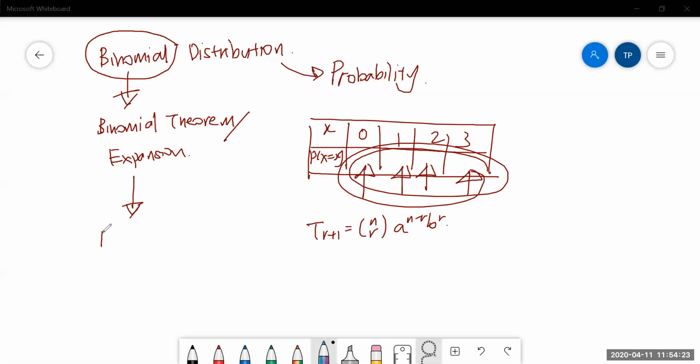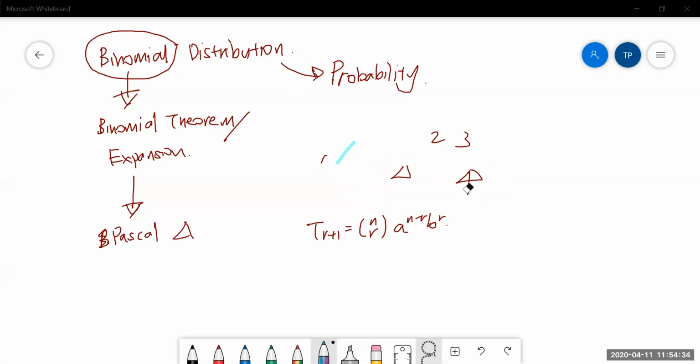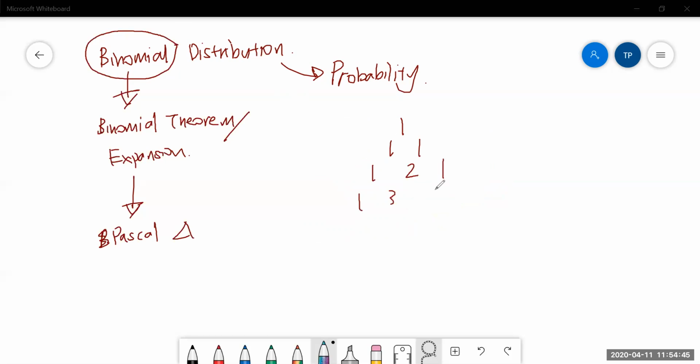It came from this thing called Pascal triangle. So what is Pascal triangle? I'm not sure if you still remember what your teacher taught you back then. Pascal triangle looks something like that: 1, 2, 1, 1, 3, 3, 1, 1, 4, 6, 4, 1, 1, 5, 10, 10, 5, 1.